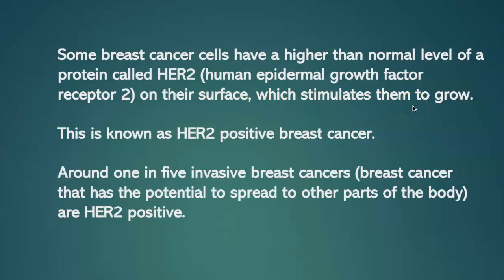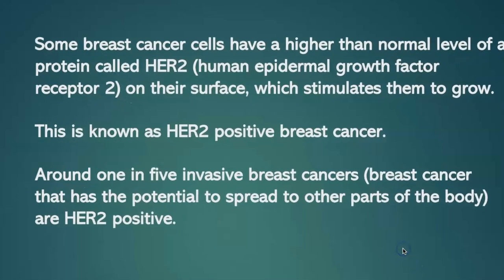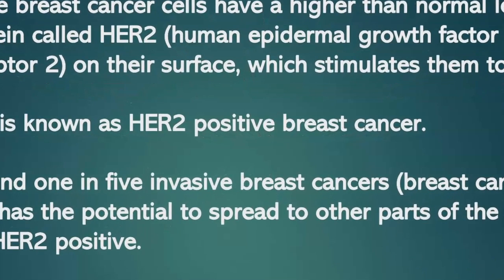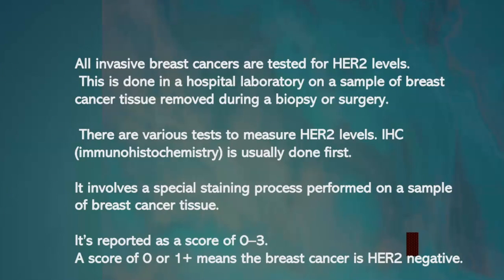This will stimulate them to grow. These are called HER2 positive breast cancer. And about 1 in 5 of the invasive breast cancers, about 20%, are HER2 positive. So it's going to be very important to make a distinction as to what the hormonal status of the tumor is.